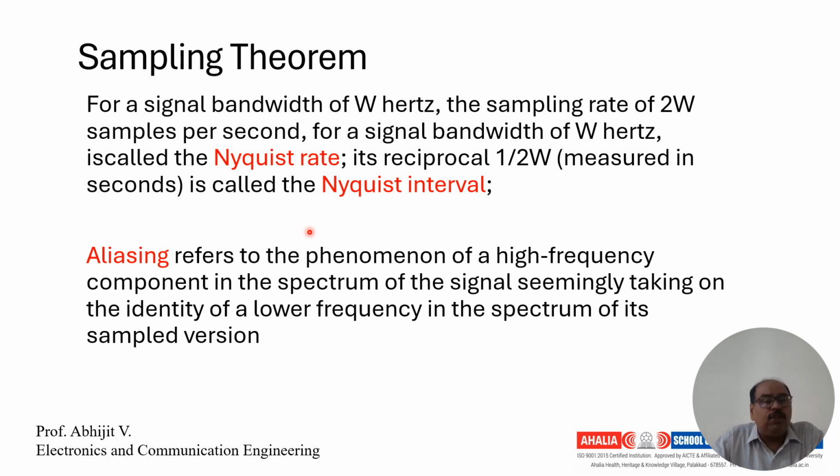The inverse or reciprocal of this is known as the Nyquist interval. We have two different terms. One is the Nyquist rate, the rate at which the sampling occurs, and the other is the Nyquist interval, the time gap between two samples.